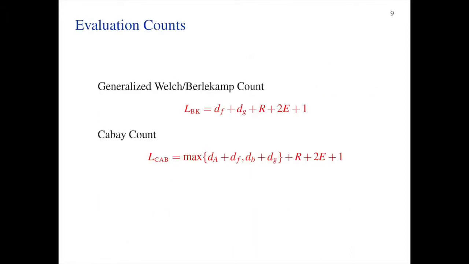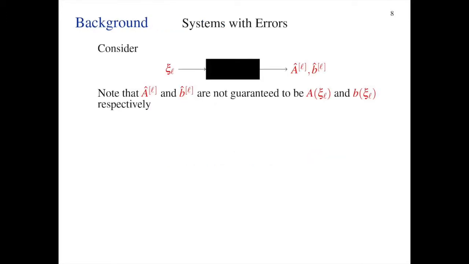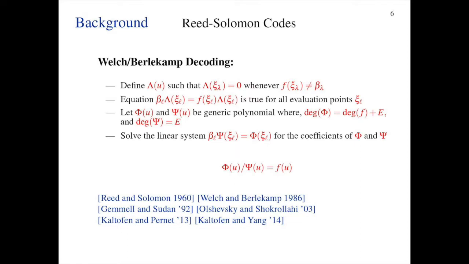I guess what I could say is, I know I left that slide off, but usually with error correcting codes, you don't really care where the errors are. You just want to recover the polynomial that you sent, the message. But if you were to take the lowest degree psi from the solution, that's lambda, the error locator polynomial.